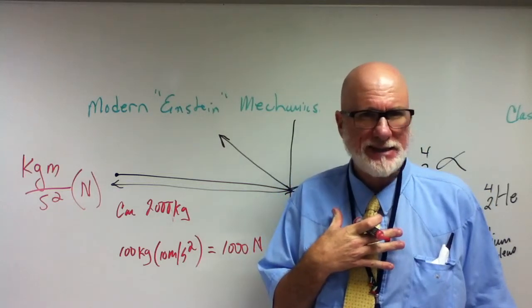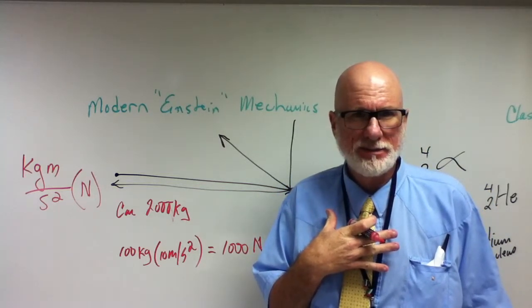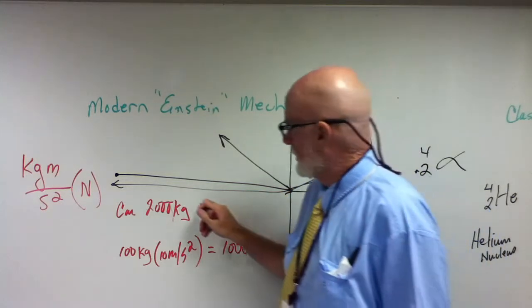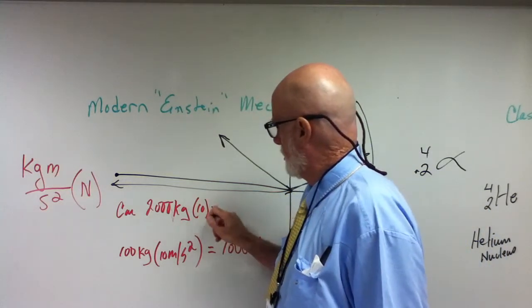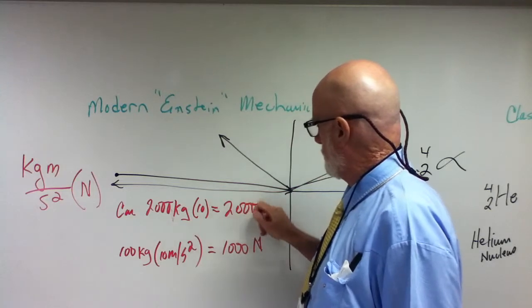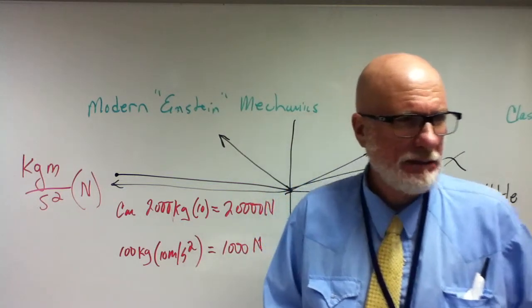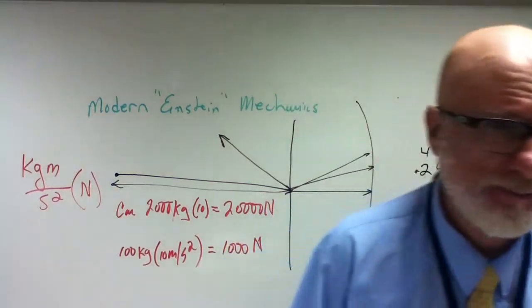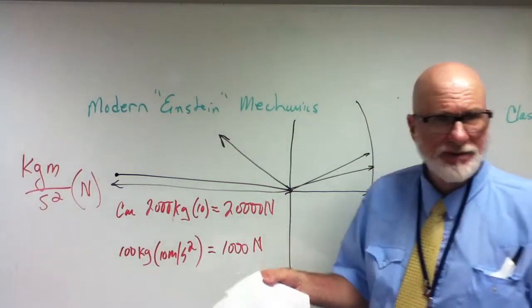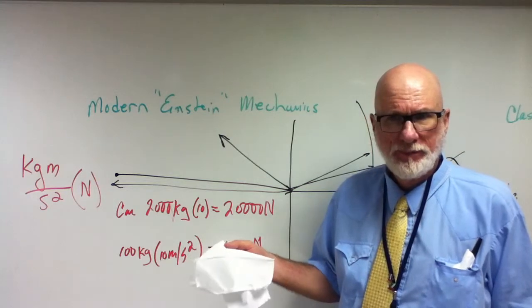What's the car's weight? Yeah, it would be 20,000 newtons. You all right with that? Yeah. Are we there? Easy? So you see where that came from. The weight, 20,000. You all right with that? Yeah. Okay, good.